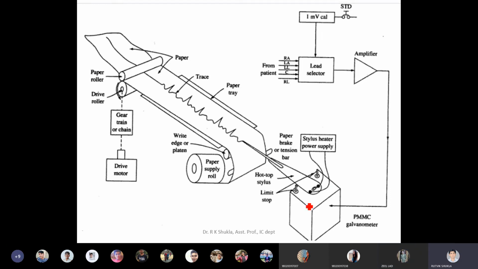Okay, this slide generally shows one of the possibilities of using a print recorder, and that recorder in this case is called a thermal recorder. અહીં એક recorder બતાવ્યું છે which is called thermal recorder.